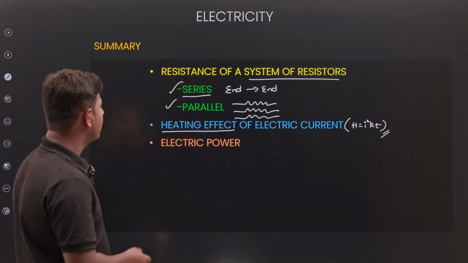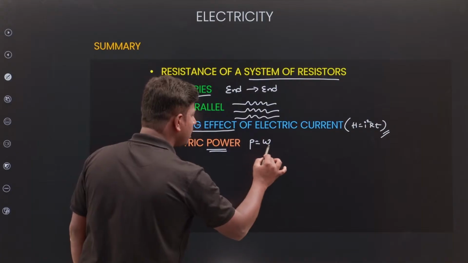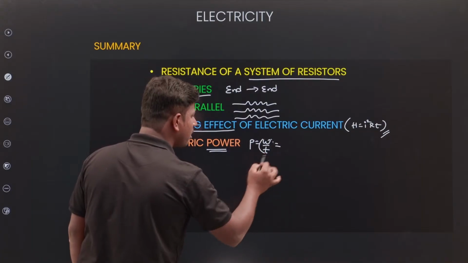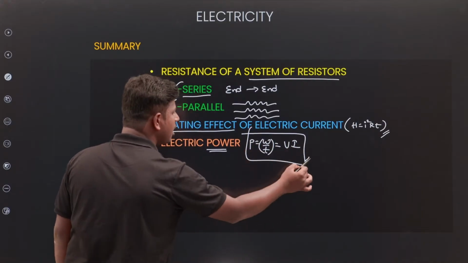Next, electrical power. How can we calculate power? Work done by time. From this we get P is equal to VI, the relation with potential and current.